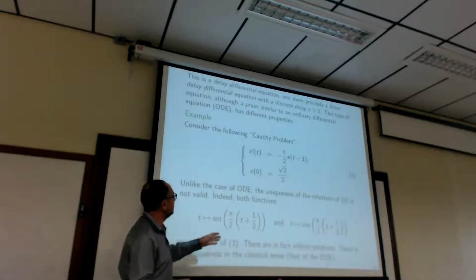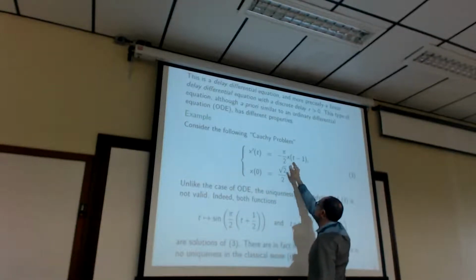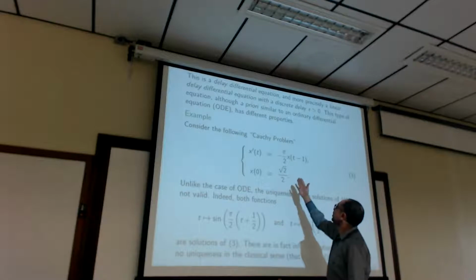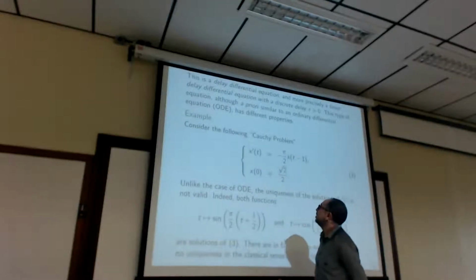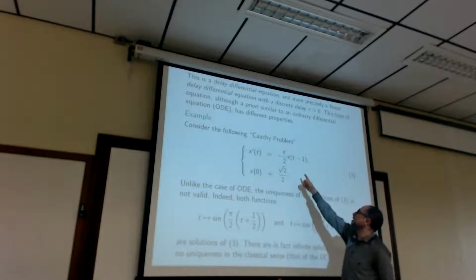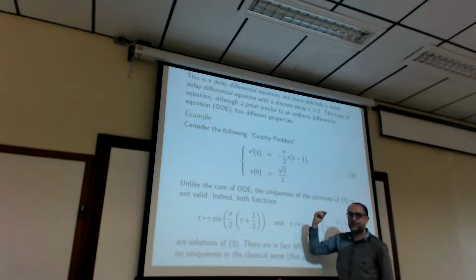Because if you take here t equals 0, that means you can take t equals 1 to solve the system. But if you want to calculate the derivative for t equals 0, you will need to know x at minus 1.